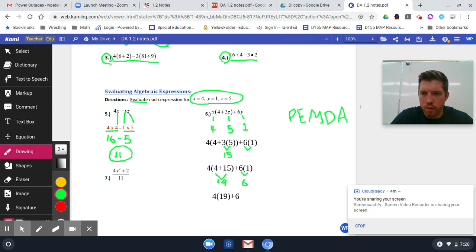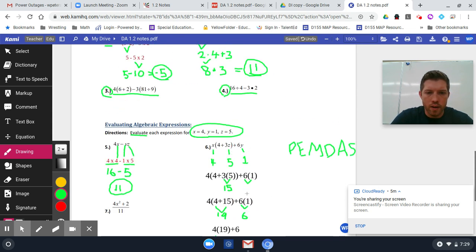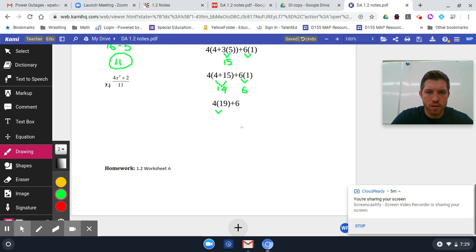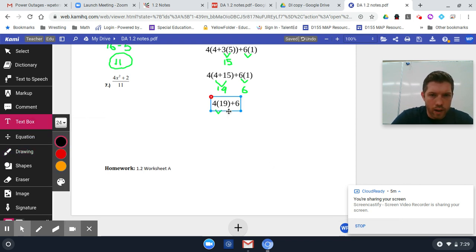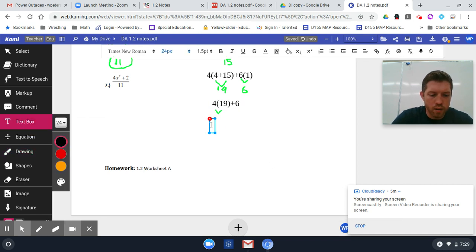So the only two things we have left are addition and multiplication. So we have our multiplication here that comes first. We need to do this part first. All right, so you got 4 times 19, and then you're going to add 6 to that. All right, so we're going to add our text box right here. 66.